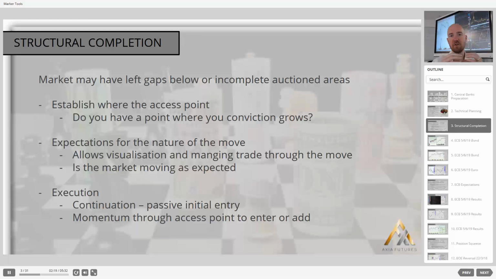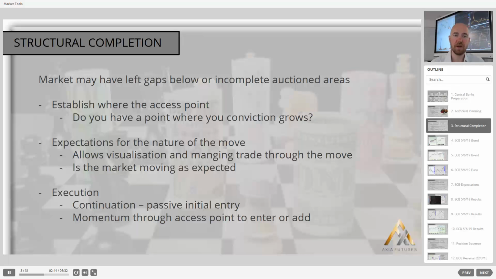Are you thinking, right, we're going to get down to this point, likely a little slowdown, consolidation sideways, and then a further break? And that allows you to not only clarify your access point down, but also give you a way of adding into the trade or feeling comfortable, feeling certain that the trade is going to work out.